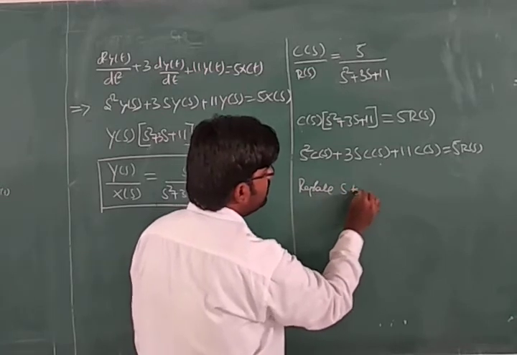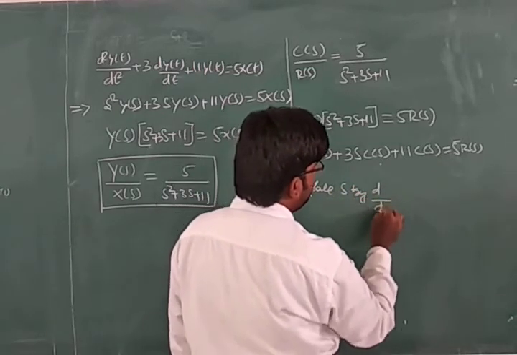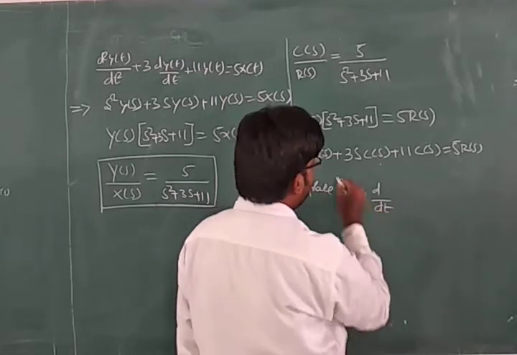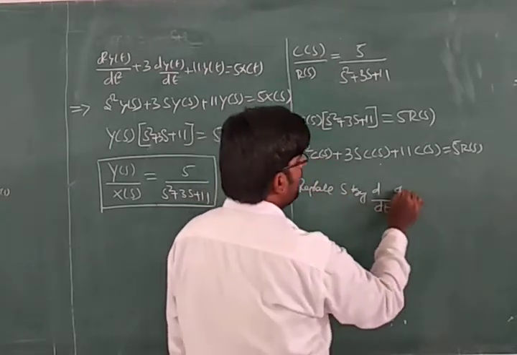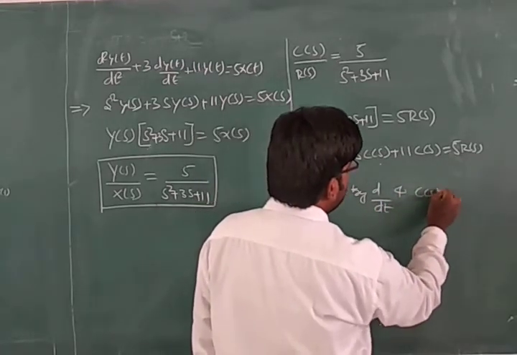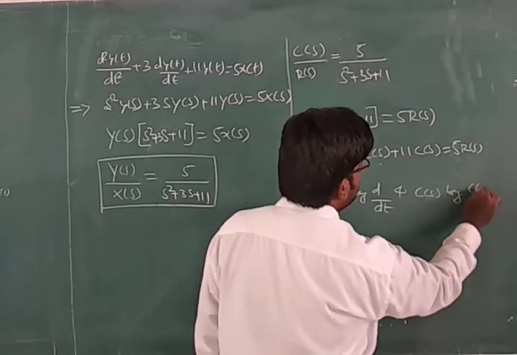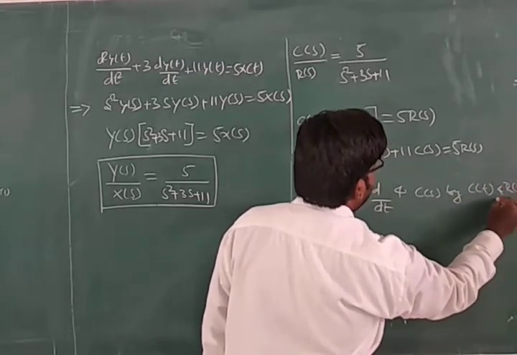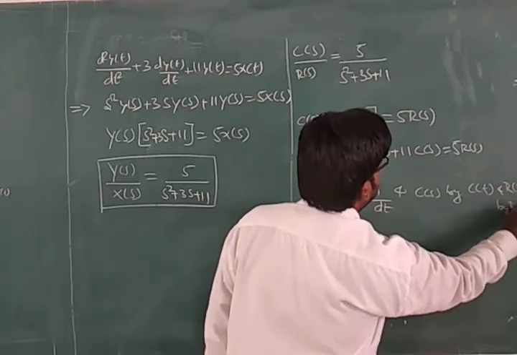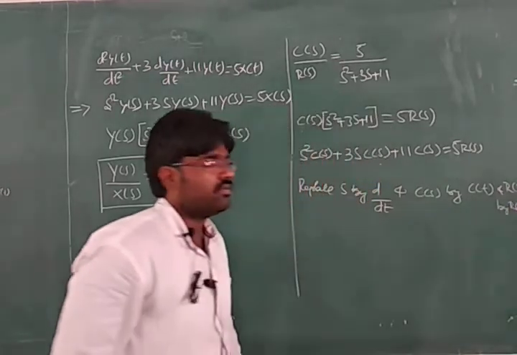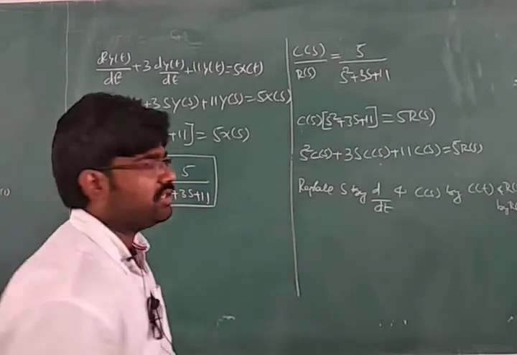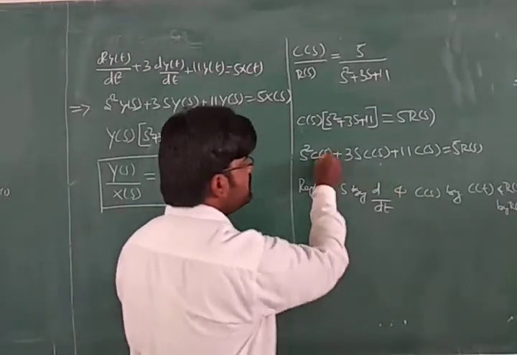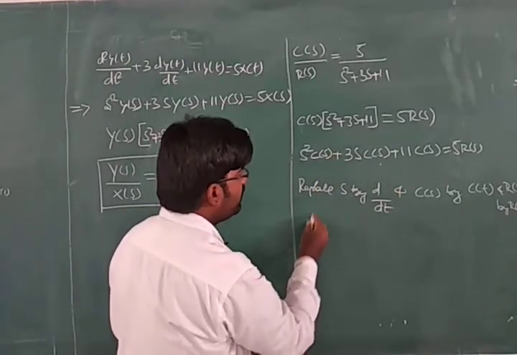Now replace s by d by dt. We have to replace this s with d by dt, and C of s by C of t and R of s by R of t. We have to replace the equation. After replacing this, what is the equation we are going to get?